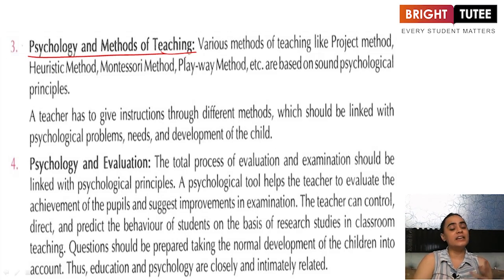Then we have evaluation. As we have already learned, evaluation of a child is very important because it is only the evaluation methods that will tell us how much the child has achieved during the year and what improvement is still needed.